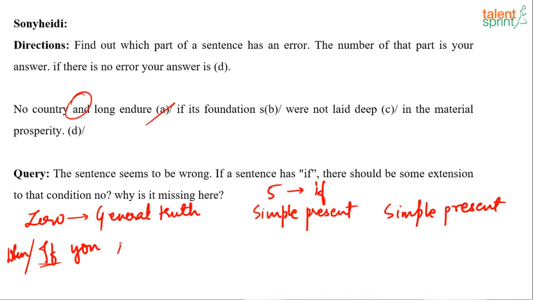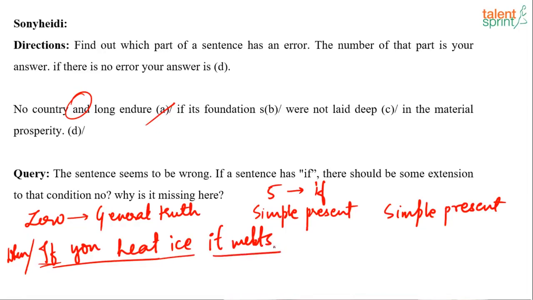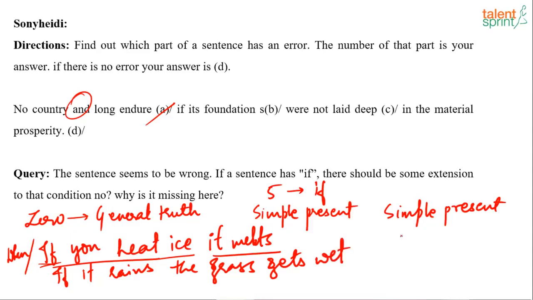If you heat ice, what happens? If you heat ice, it melts. It is simple present tense, and it can also be replaced by when. Another example of this would be: if it rains, the grass gets wet.